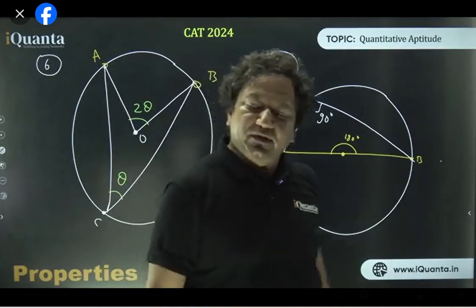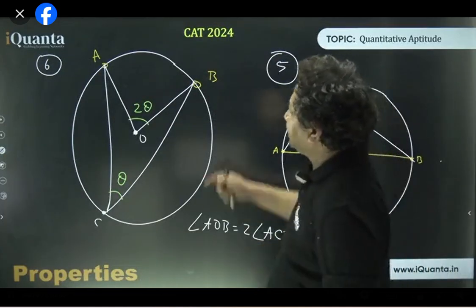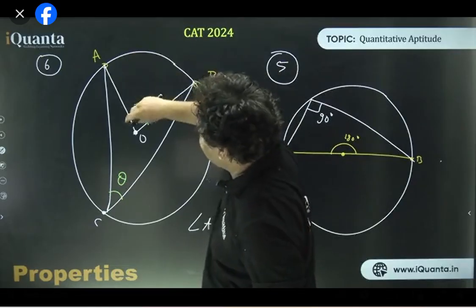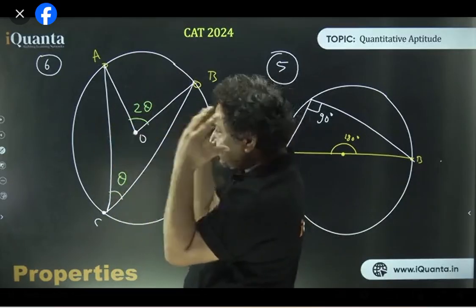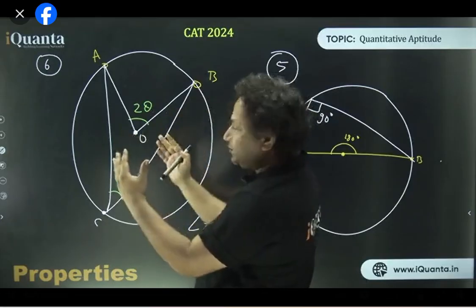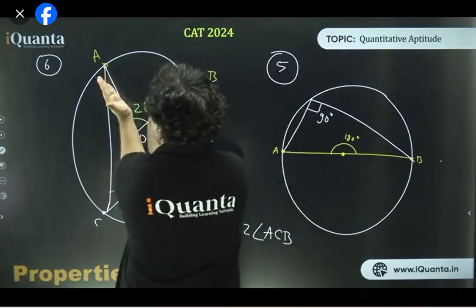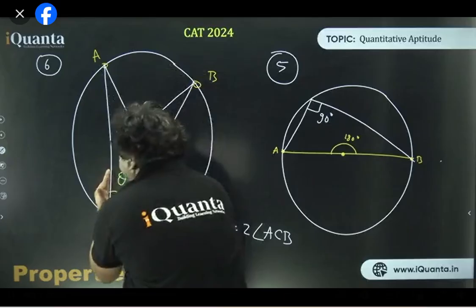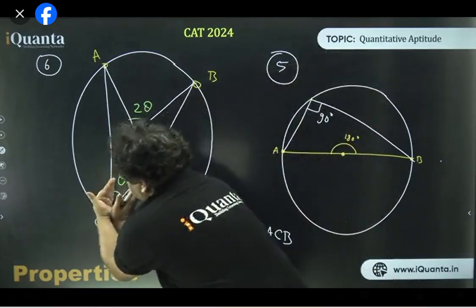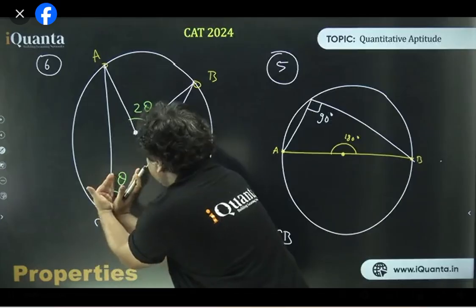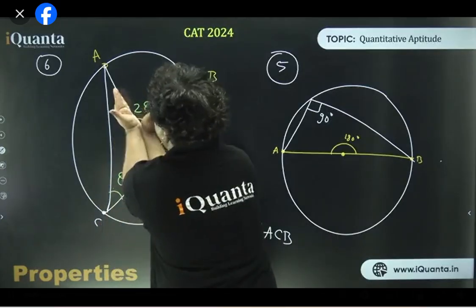Tell me something. If I go from here to here, which angle do you think is more? You can visualize this. You just observe. See, look at my hands. This angle is more than this angle, isn't it? See, look at my hands. This is the expanse. If I go here, I have to go like this.